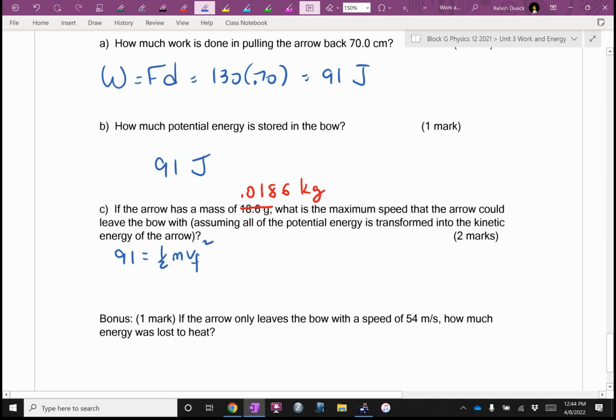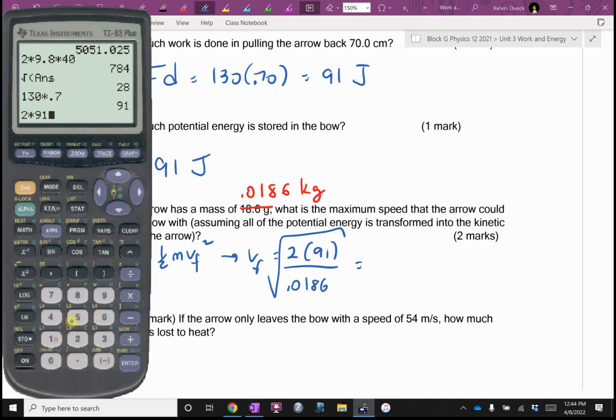I could have done a full conservation of energy equation, KE initial, PE, forget it. All of that 91 is getting turned into kinetic. So I think the final speed is going to be the square root of 2 times 91 divided by 0.0186.